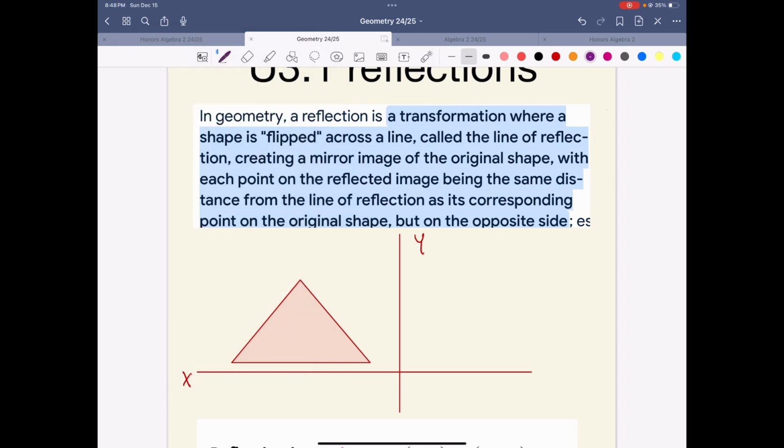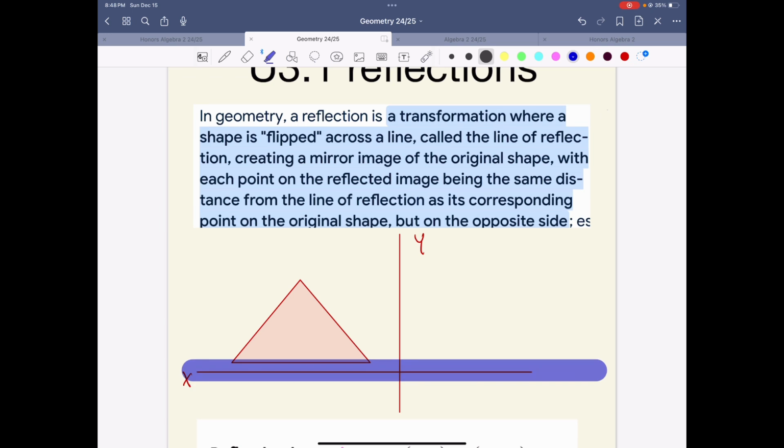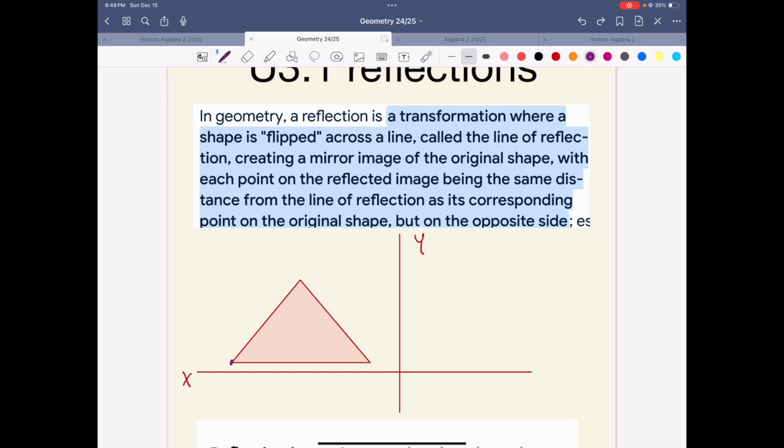A lot of times you'll hear things being reflected across either the x-axis or the y-axis. So just remember here, this is our x-axis, this is our y-axis, and we can reflect that image across both of those. Essentially what it means when we're reflecting something is that any point on this, if I take this point, it's that far from the x-axis.